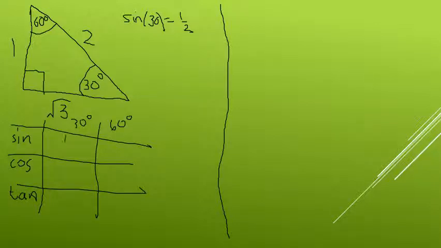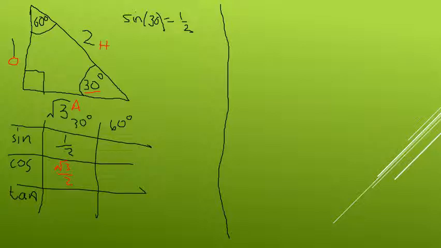Sine of 30 we've already said is 1/2. Cos of 30, cos is adjacent. Alright, so for the 30 degrees triangle this would be the adjacent, and this would be the opposite, and this would be the hypotenuse. So cos is adjacent over hypotenuse, so that would be root 3 on 2.